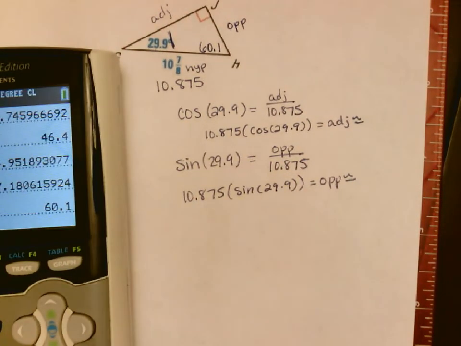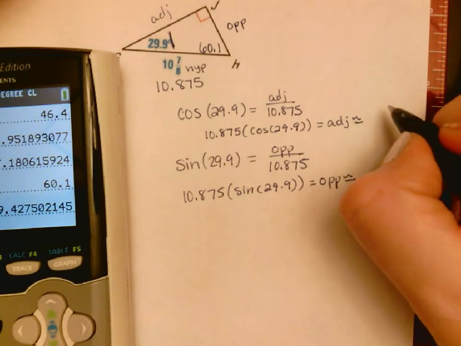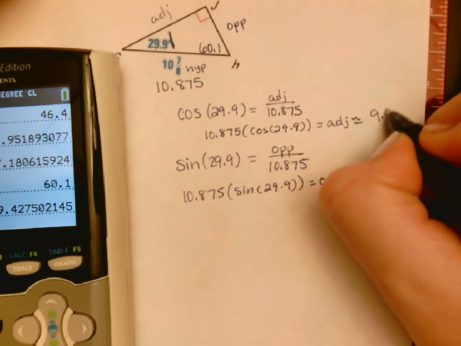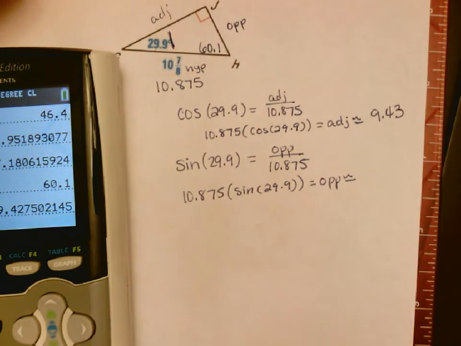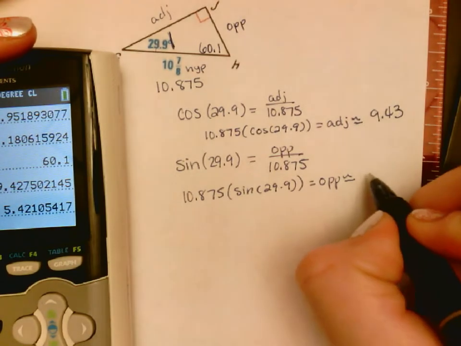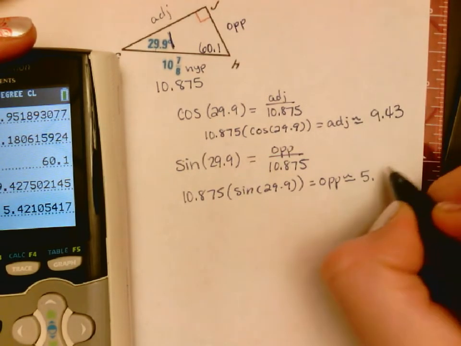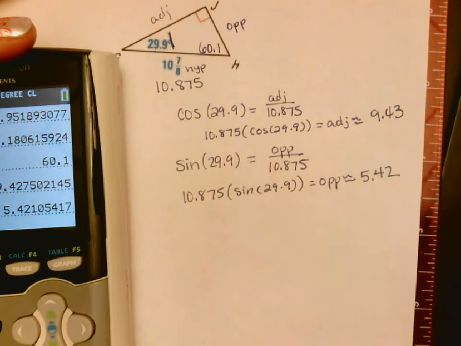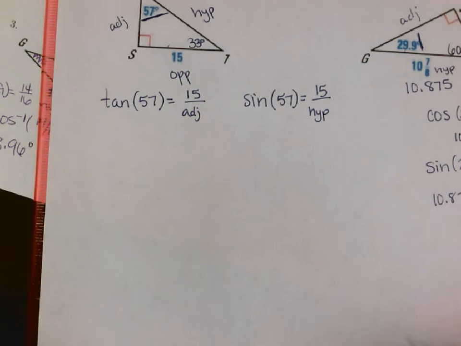So I have 10.875 cosine 29.9. This would be 9.43 based on rounding, and 10.875 sine of 29.9, approximately 5.42 on rounding.